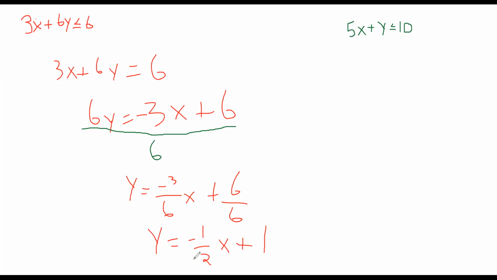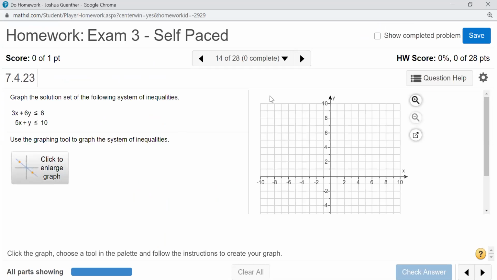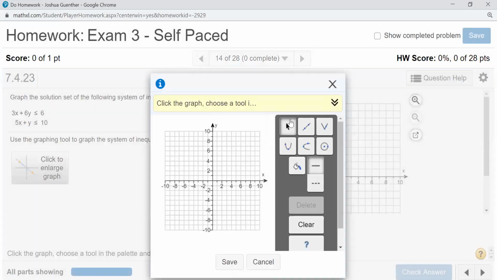So now this is a line with a slope of negative 1/2. So every 2 units I go to the right, the line falls 1 unit. And then it has a y-intercept of 0, 1. So negative 1/2 x plus 1, let's graph it.